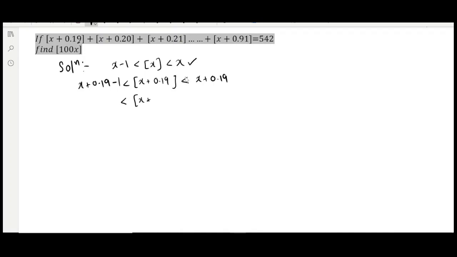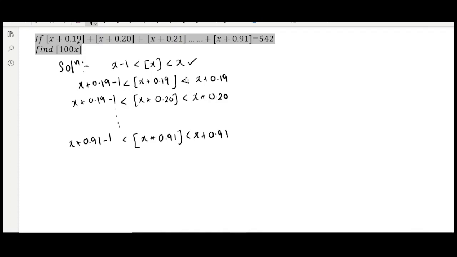The next term will be this, and this. If we go on doing this, the last term we have here is x plus 0.91, between x plus 0.91 and x plus 0.91 minus 1.